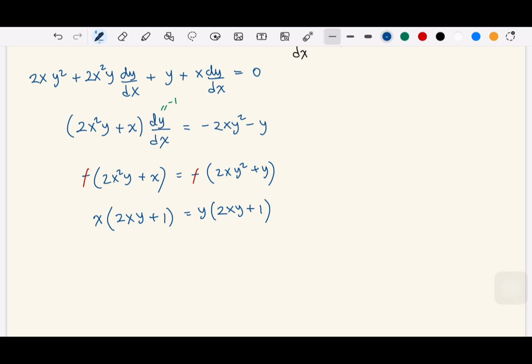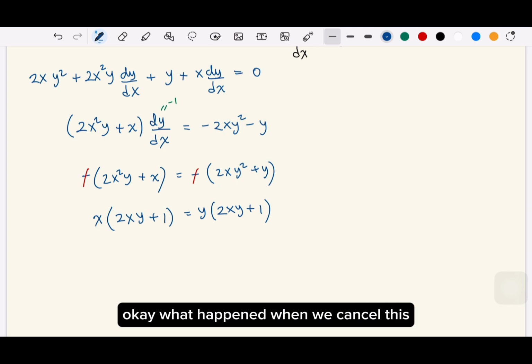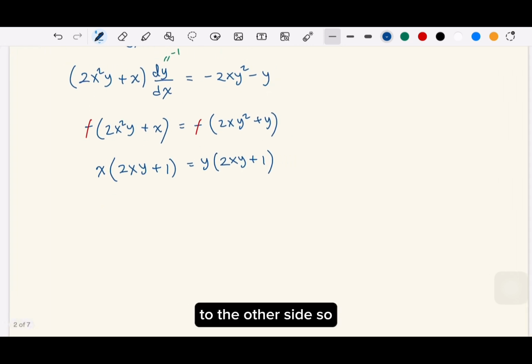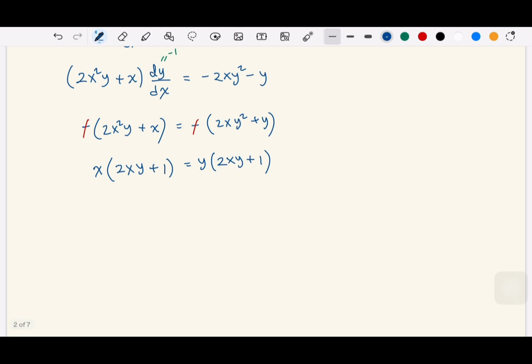What happens when we cancel this? Maybe we are going to lose some solutions. So I think it's better just to keep it. We are going to solve this with factorization. Because they have the same factor, let's just move it to the other side.